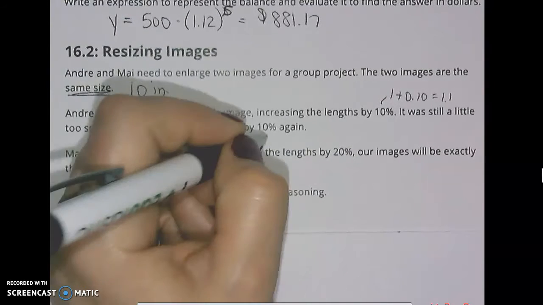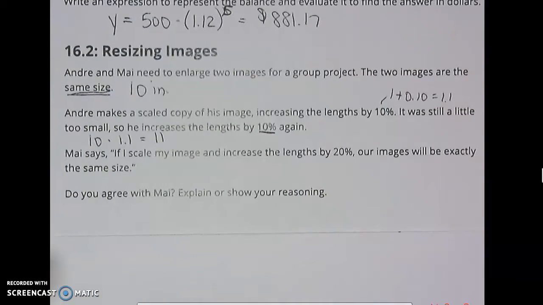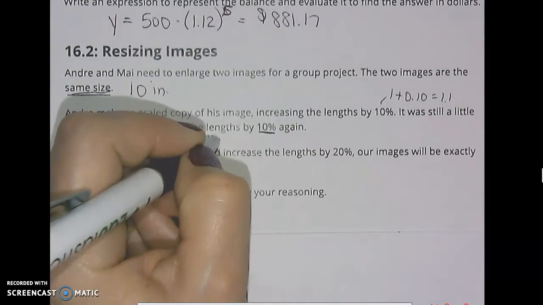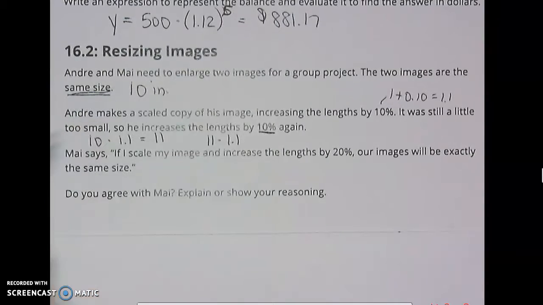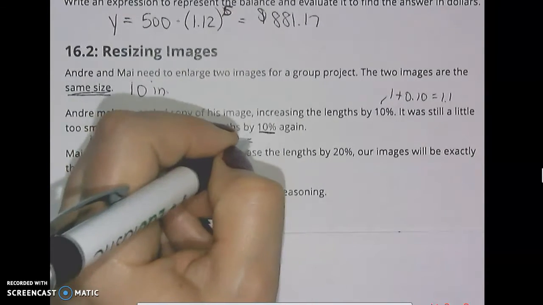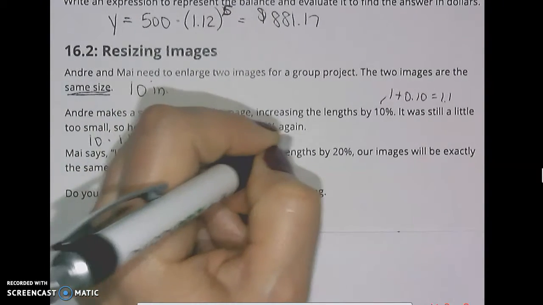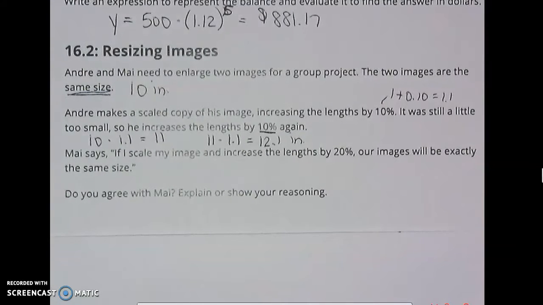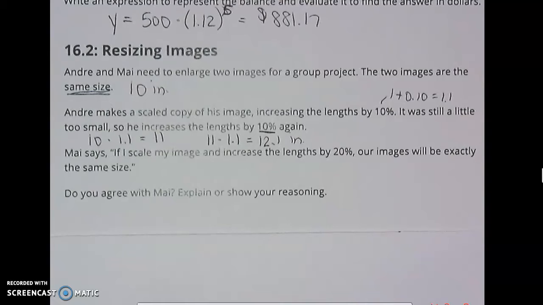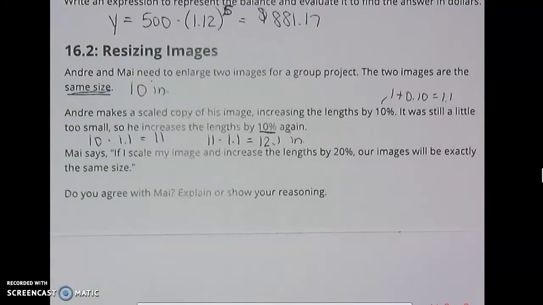And then he did that same 10% increase again. So we're taking that 11, multiplying it again by 1.1 since that was our increase, and we would get 12.1 inches. Okay, so that's the new length of Andre's picture after he's increased it twice by 10%.